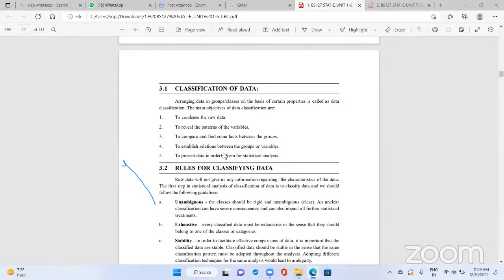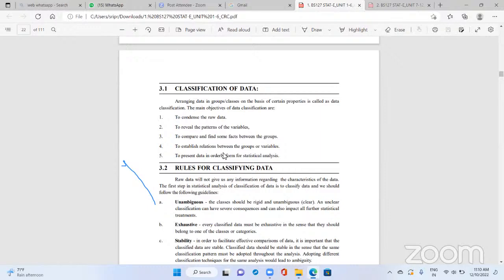Second one is temporal or chronological classification. Third one is spatial or geographical classification. Fourth one is qualitative classification.